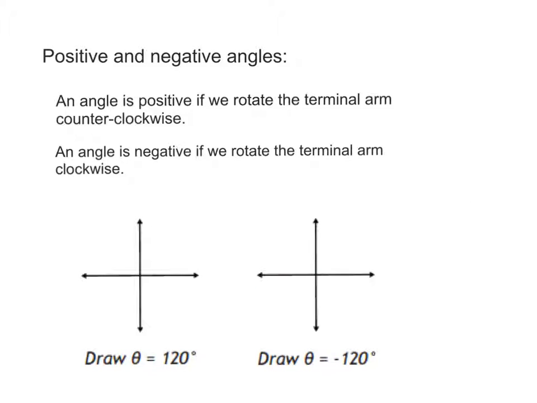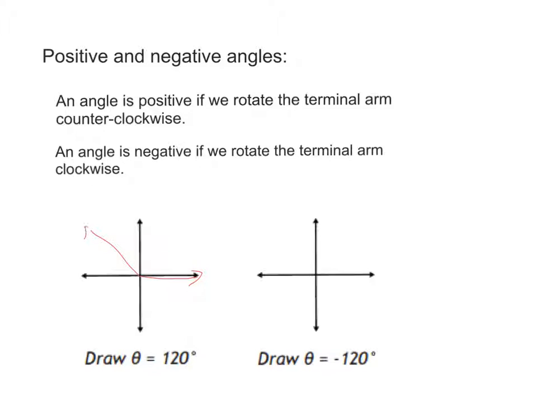The next thing we'll talk about is positive and negative angles. An angle is positive if we rotate the terminal arm counterclockwise, and an angle is negative if we rotate the terminal arm clockwise. So if we want to draw an angle of positive 120 degrees, we're going to start here on the initial arm and rotate 120 degrees, which brings you around to somewhere around there.